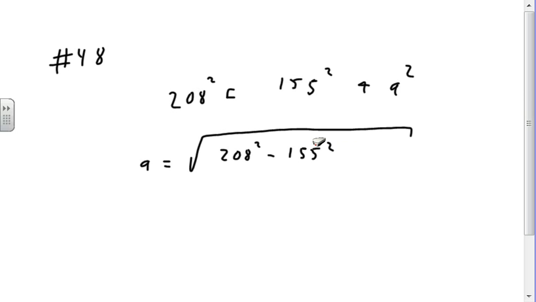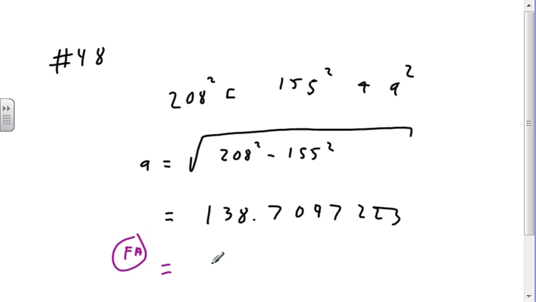Okay, so square root of 208 squared minus 155 squared equals. Okay, so my glorious calculator says 138.7047223, but my final answer is supposed to be to 3 significant digits, so my final answer is going to be 139.